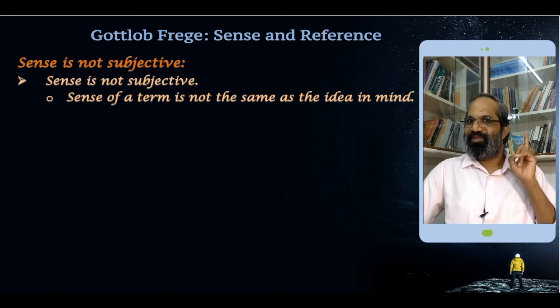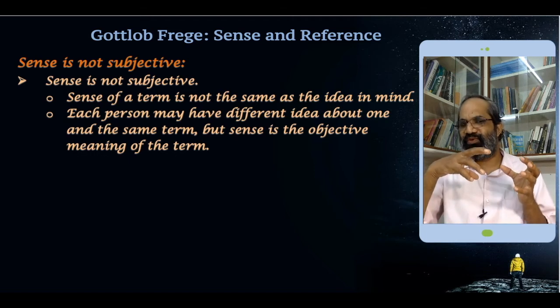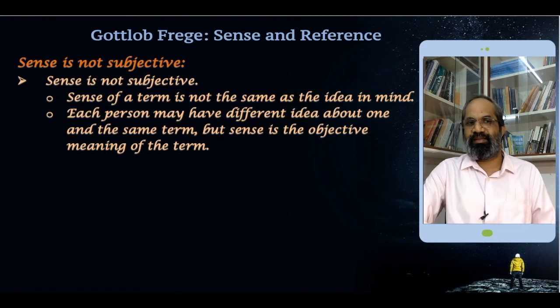What we conceive in mind, that's not the sense. Each person may have a different idea about one and the same term, but sense is the objective meaning of that term. As in the case of Moore, we have seen that senses are constituted out of the way in which terms or concepts are related in a proposition. Here also it's the same.